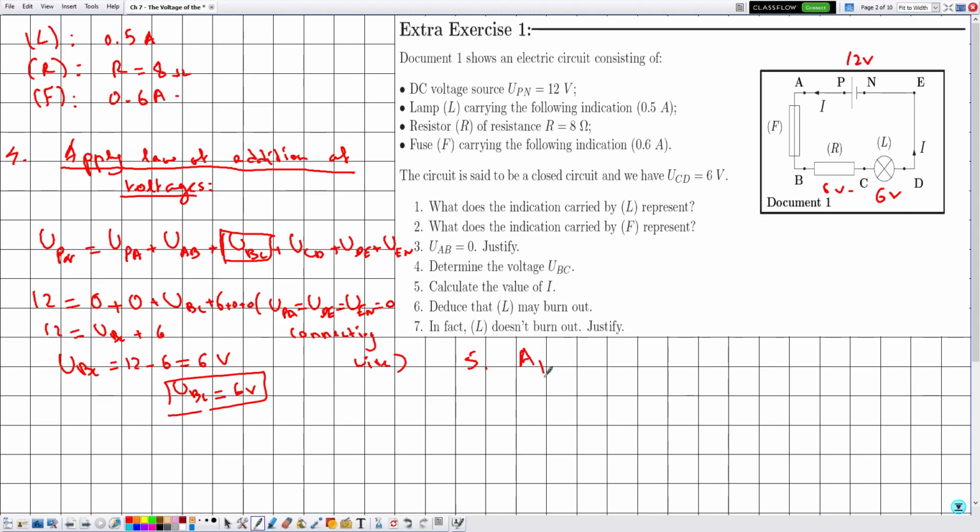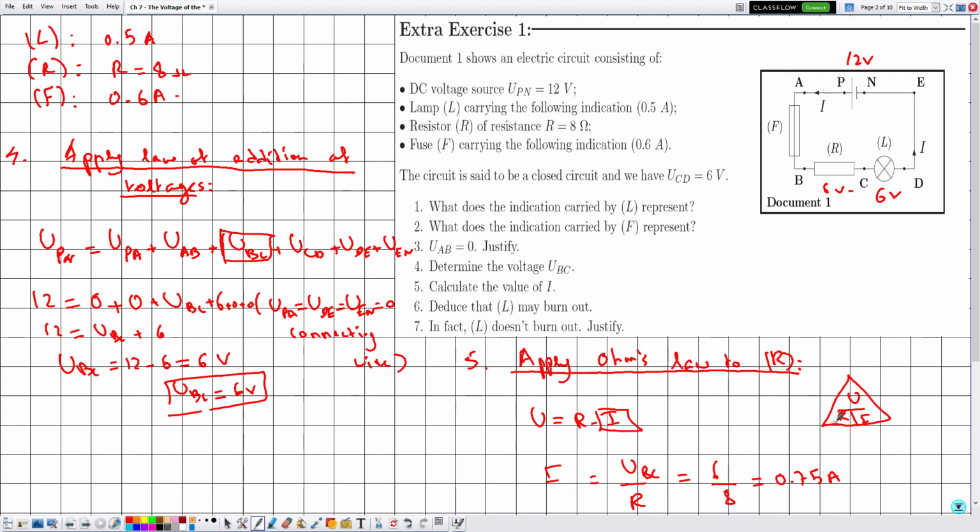Then let's apply Ohm's law to R. Ohm's law is given by U is equal to R multiplied by I. Constructing the triangle of this formula, then I is equal to U divided by R. This is the voltage UBC across the resistor R. Then 6 divided by 8, and plugging this into the calculator, the value is 0.75.